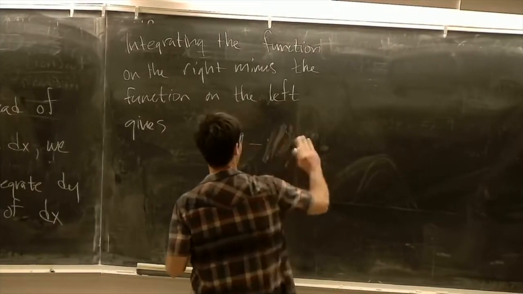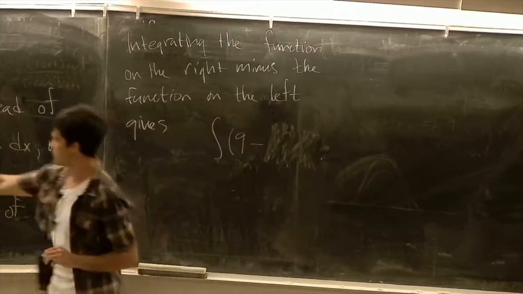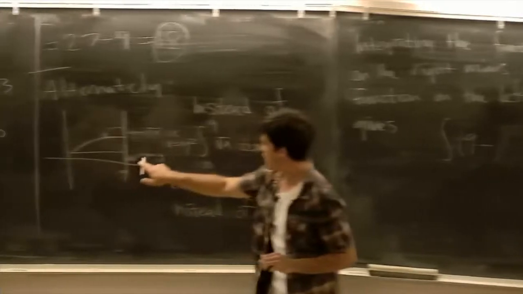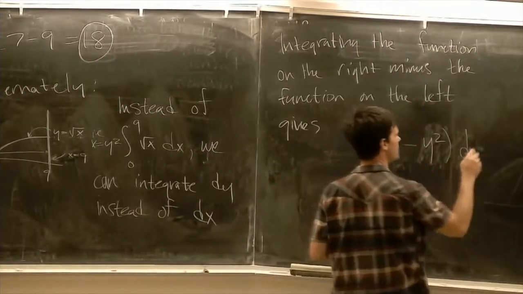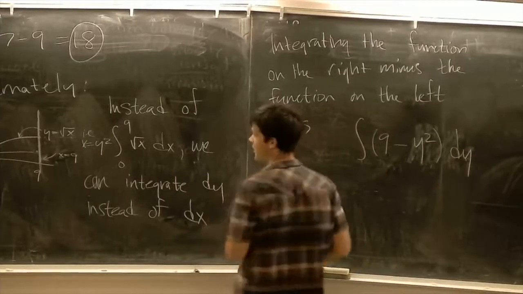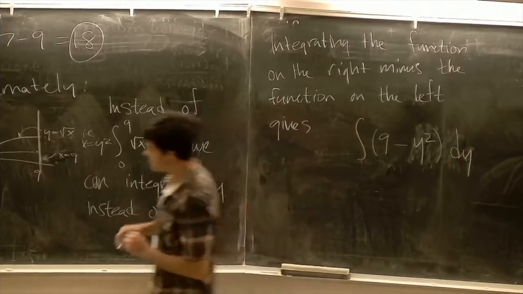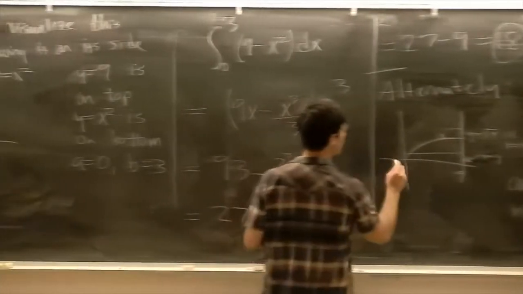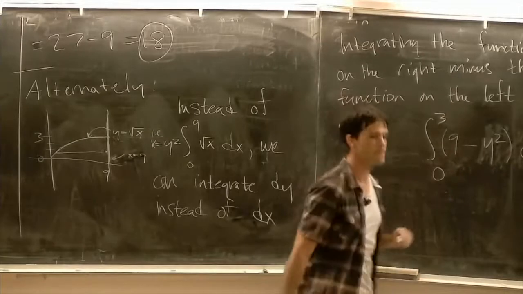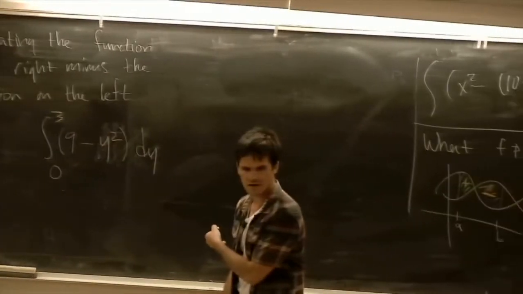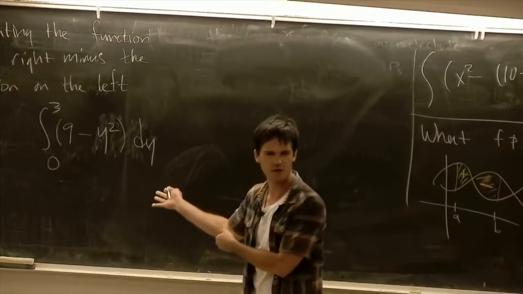On the right, x is 9. On the left, x is y squared. I'm doing things in terms of y here. And the range of y values is from 0 up to 3. I'm going through this part kind of fast because, like I said, I just did this already.